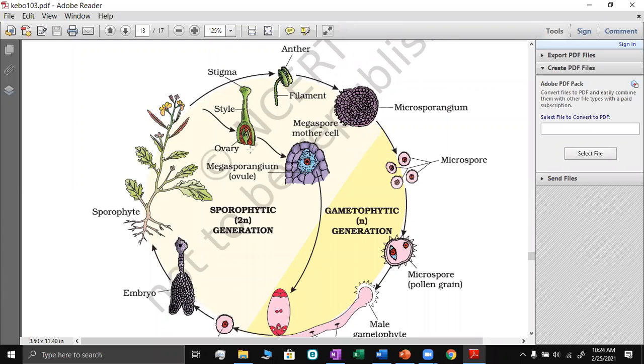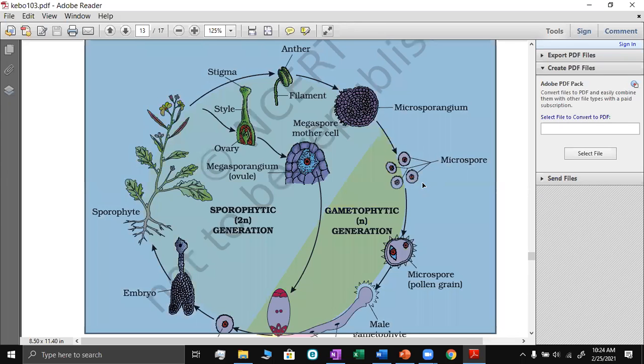This anther is also known as microsporangium. Within the microsporangium, within the anther, by meiosis it produces the microspore, that is the pollen grain.